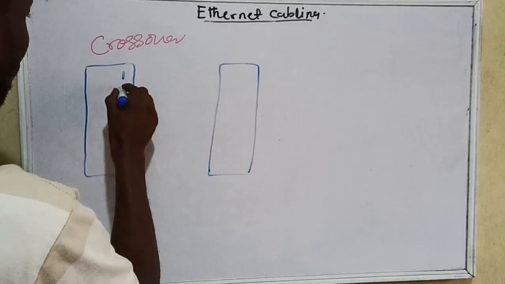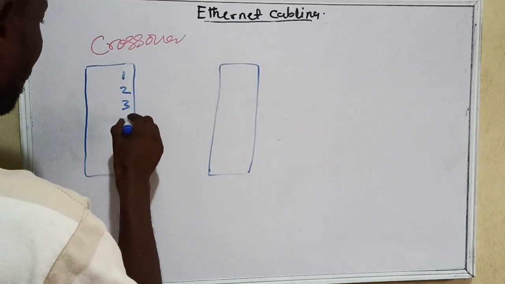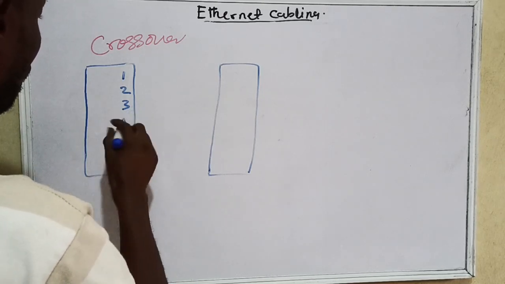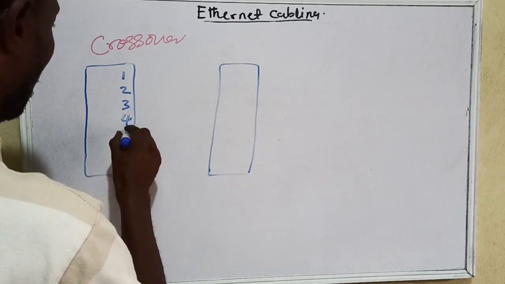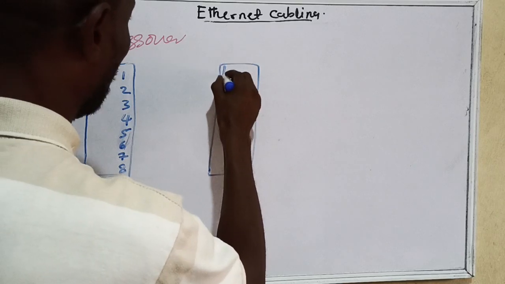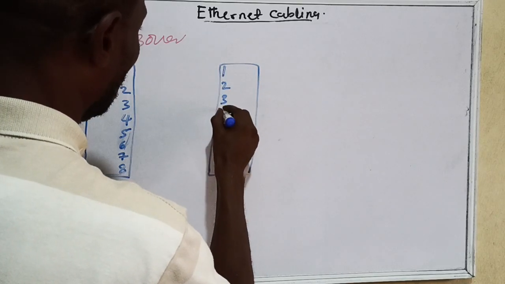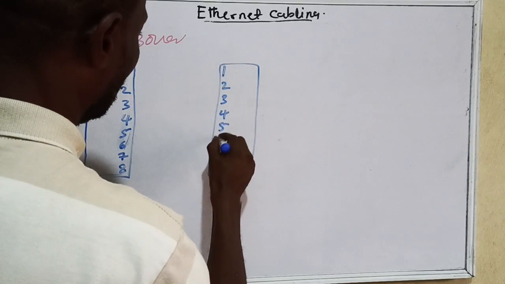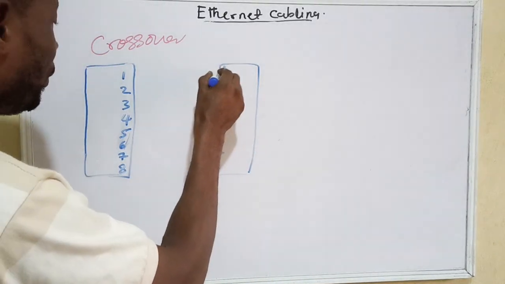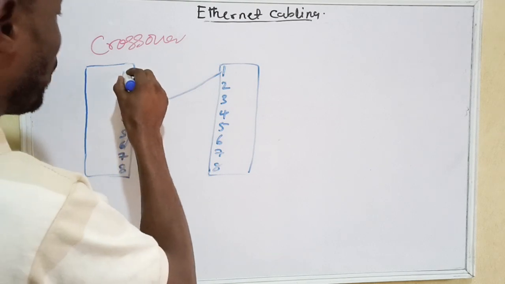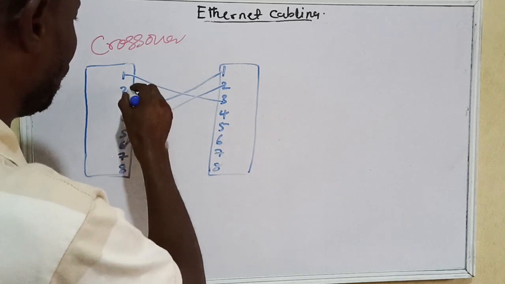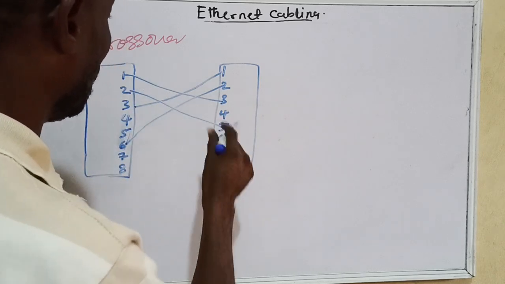This is 1, 2, 3, 4, 5, 6, 7, and 8. This is 1, 2, 3, 4, 5, 6, 7, and 8. So in crossover cable, 1 here comes to 3 on this side. 2 here comes to 6.